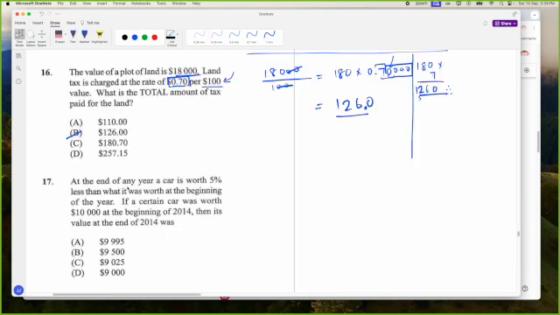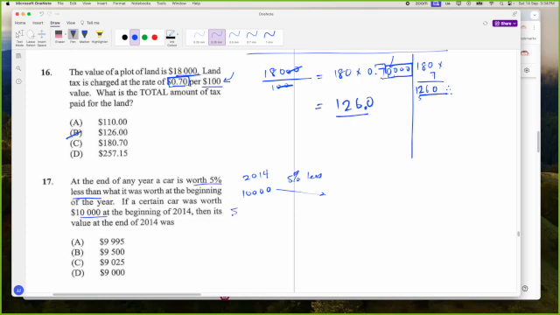At the end of any year, a car is worth 5% less than it was worth at the beginning of the year. If a certain car was worth $10,000 at the beginning of 2014, then its value at the end would be 5% less.